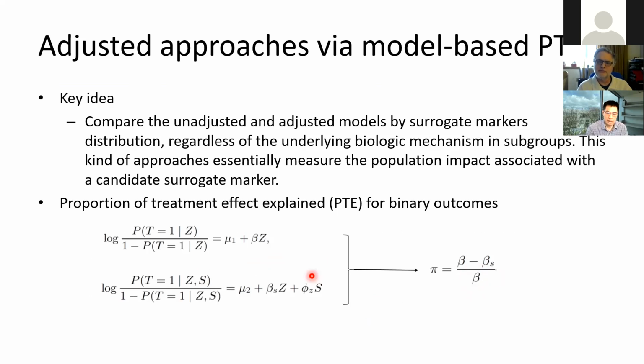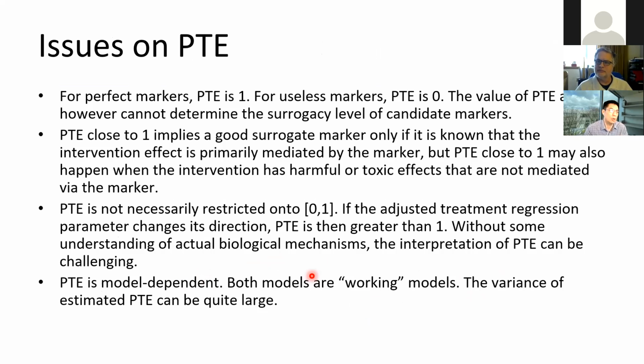So unless we have a big sample size, the PTE's variance is often too big to lead us to any confirmatory hypothesis testing. So those are the issues.